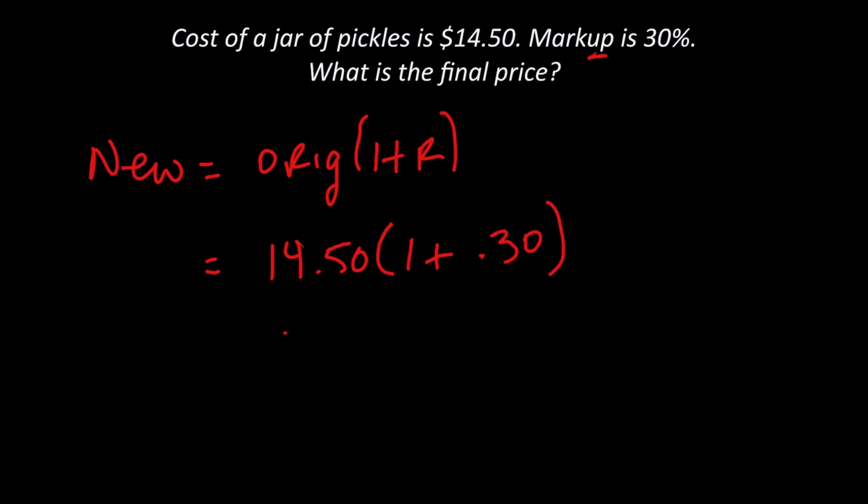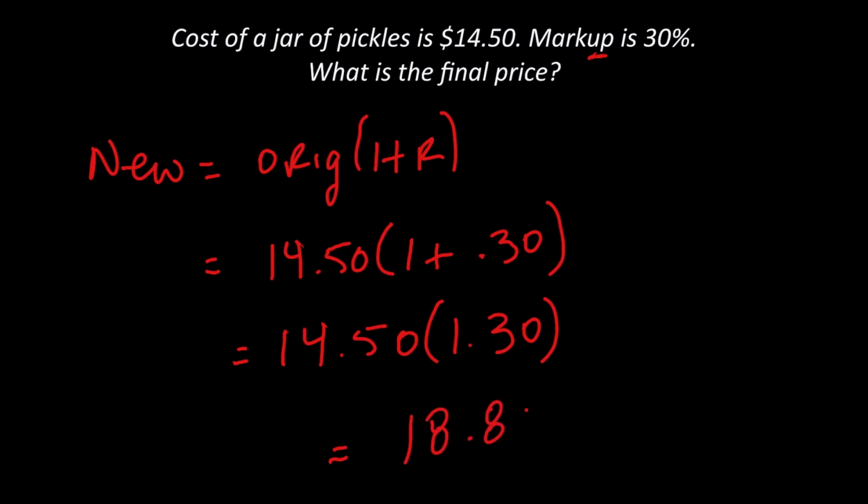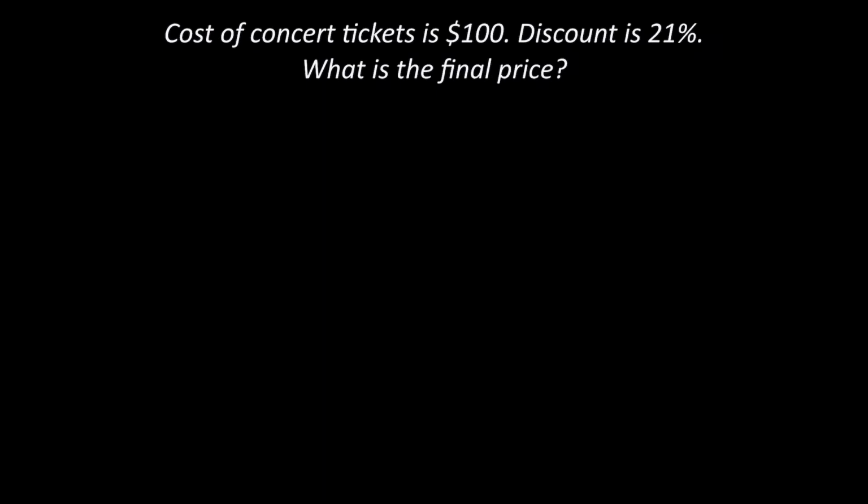Again, we are not paying 100% of this price. Indeed, we are paying 130% of the price. And when you do the math, you get a final price of $18.85. Again, it makes sense to us. It's a markup. It's going to be higher than the original.